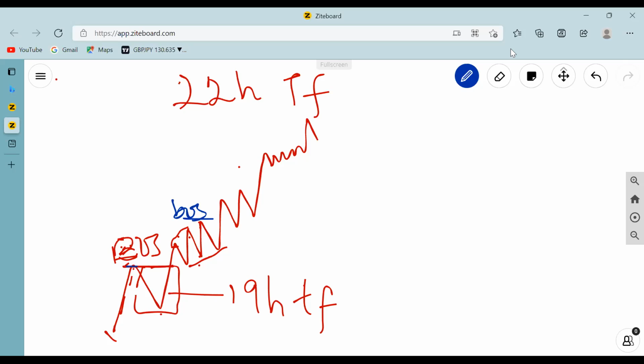They are range structure to that first external liquidity that was broken.